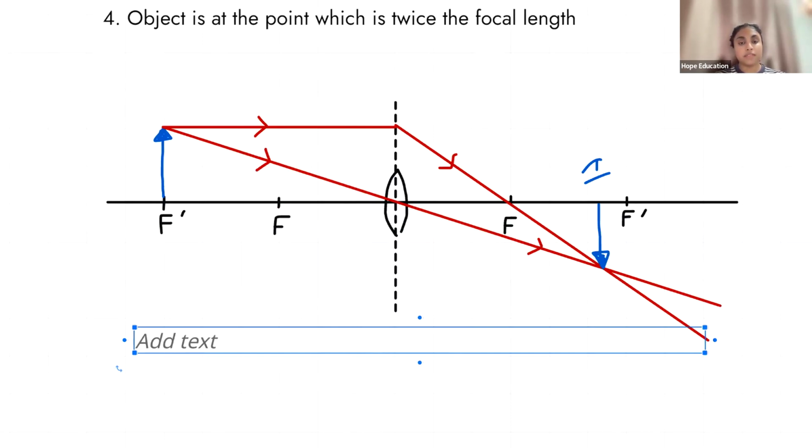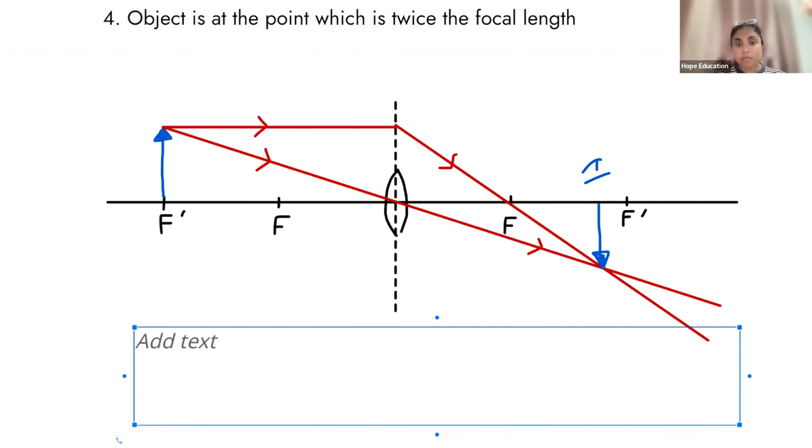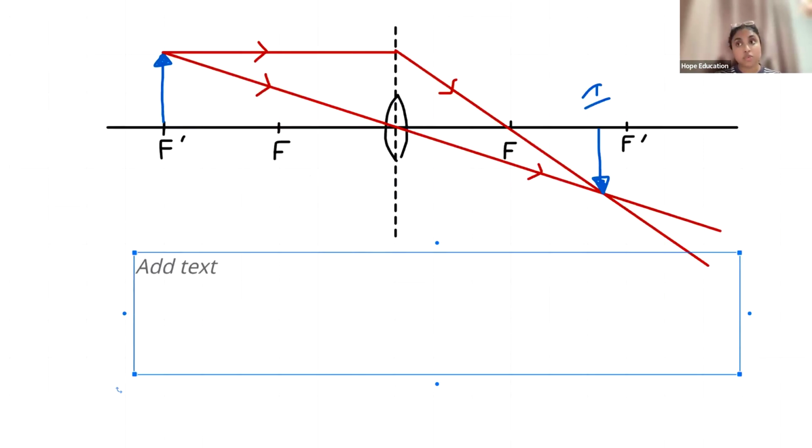Properties of image. We can see it's a real image. Yes, correct. Real image because of course it's produced on the other side, so we have to use a white color screen. It's inverted, yes, and it's smaller than the object. We say it's diminished.